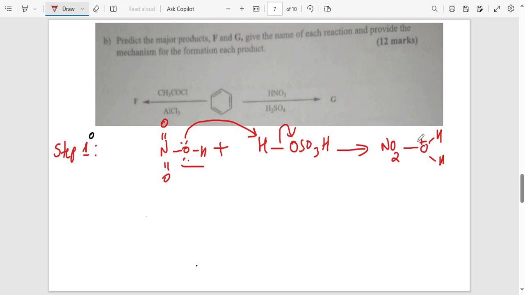And then in the next step, what will happen is that this will leave, and then we are going to form our NO2, and this thing is going to be positively charged. Remember, always we form something positively charged. This was at step 2, so that what is positively charged in step 3 will be attacked by our ring.